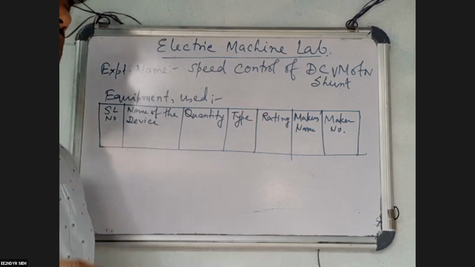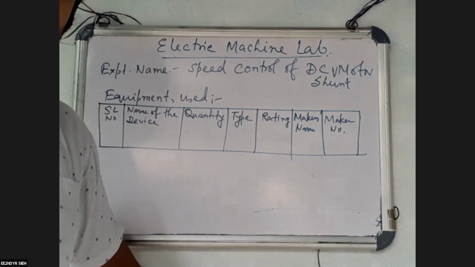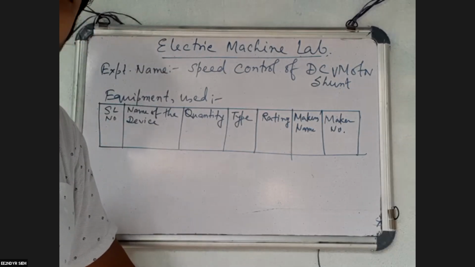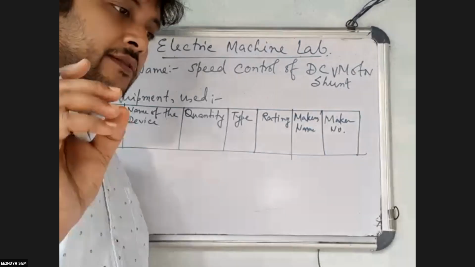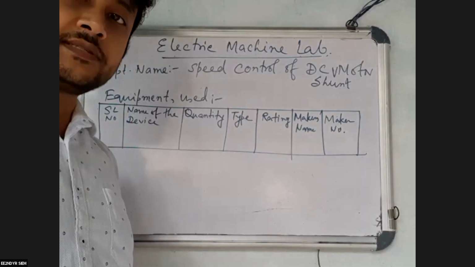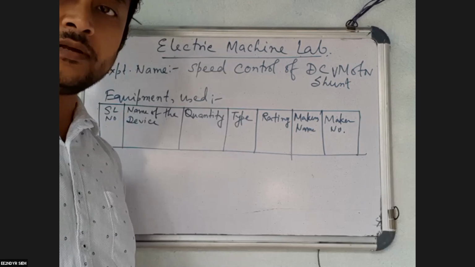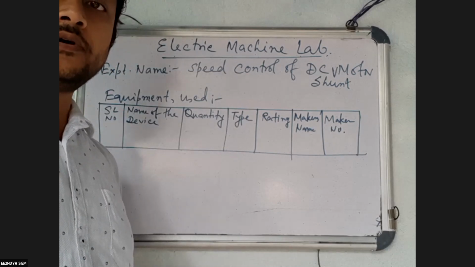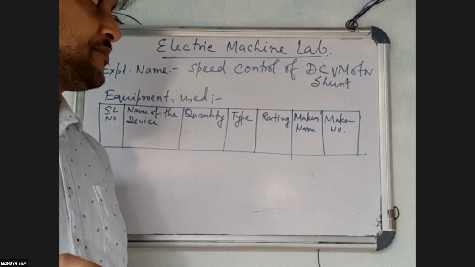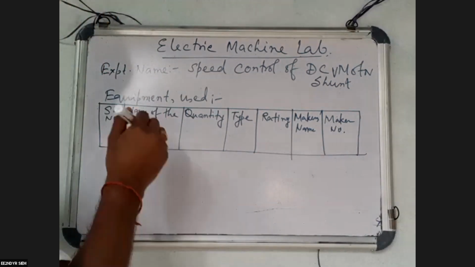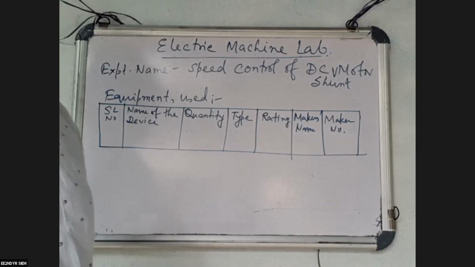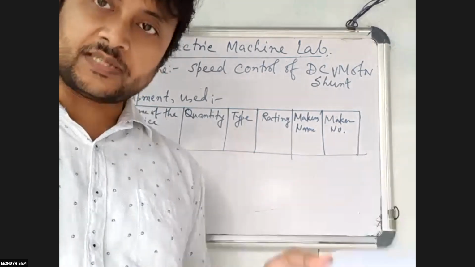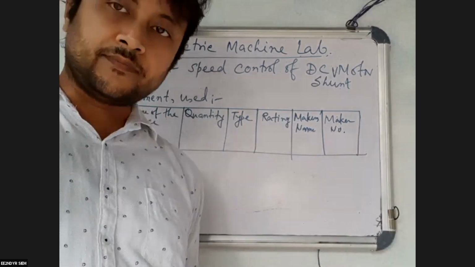Okay, so whatever the equipments you are using, what are the voltmeters you are using, what are the ammeters you are using, what kind of wires you are using, is it a single strand wire, is it a multi strand wire that you are using, so that thing also you have to consider. Clear? Now, in case of name of the devices, you are using the DC machines. So what is the make name?